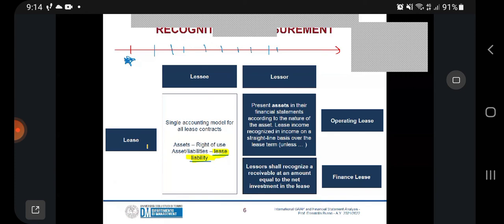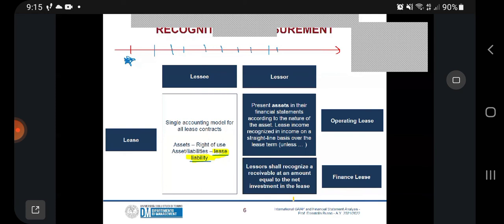We are not buying the asset, because the ownership of the asset remains with the lessor. The lessee doesn't acquire the ownership of the asset at the beginning. Some types of contract do not include the purchase option, so it's for sure that the lessee is not buying the asset.